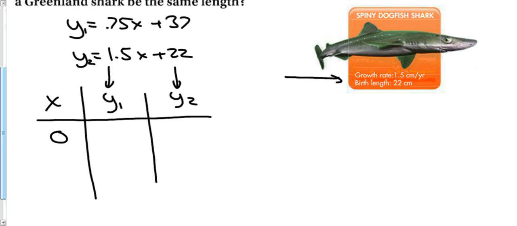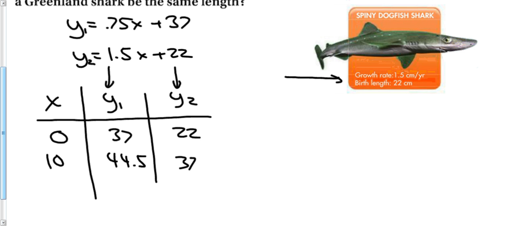So let's try it. If I plug in 0, right, I would get 37 for y1, 22 for y2. Okay, so if I start to plug in other numbers, like let's plug in 10. Okay? Plugging in 10 gives me 37 plus, okay, that gives me 44.5 for my Greenland shark and 37 for my dogfish shark.